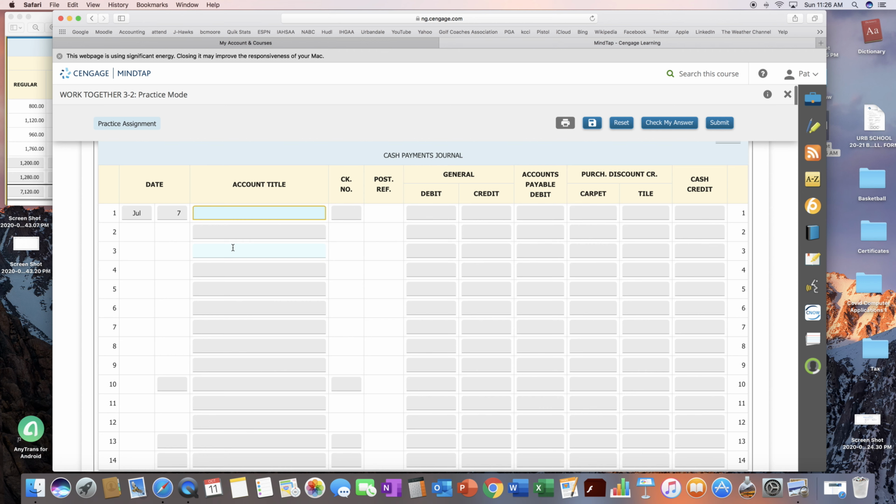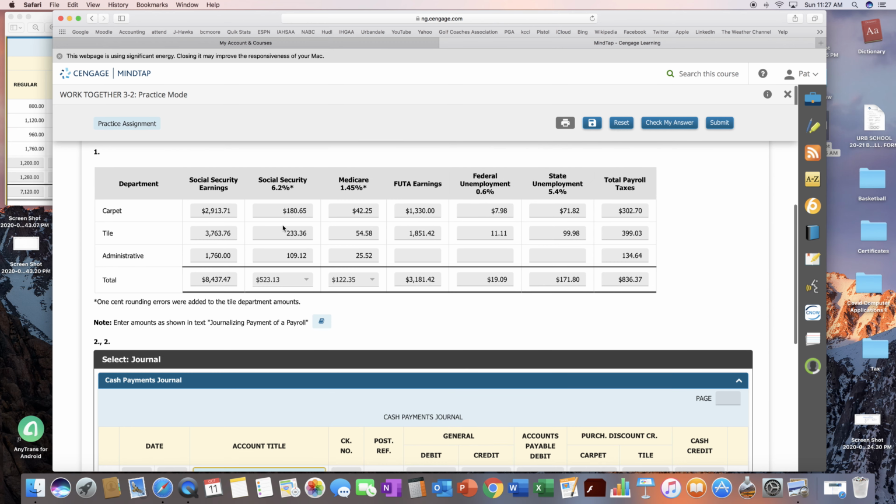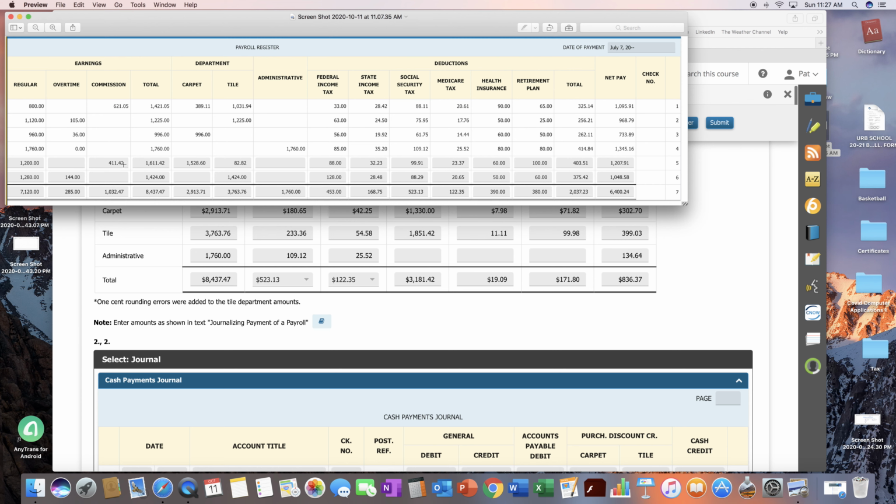So we're going to pay off all three of our departments, carpet, tile, and administrative. Social Security earnings is basically how much is being taxed. But as in our payroll register, this is total earnings here. See how those are the same, right?